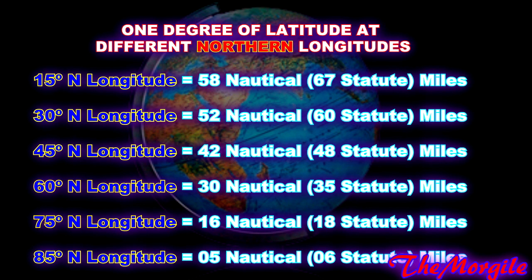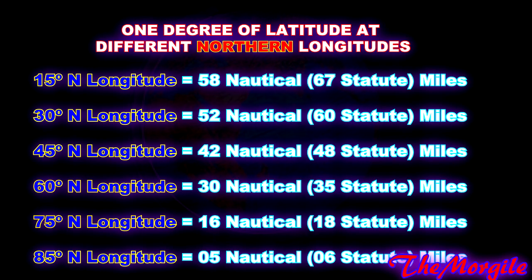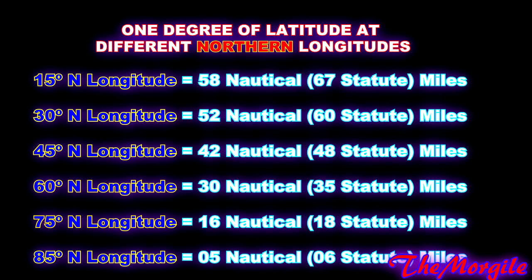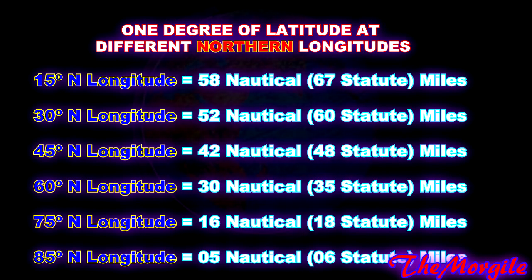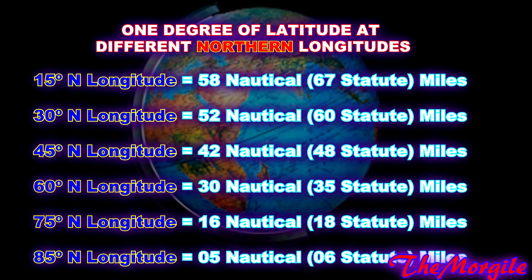Furthermore, at 30 degrees north, 1 degree of latitude is 52 nautical miles or about 60 statute miles. At 45 degrees north, it's 42 nautical miles per degree of latitude or 48 statute. 60 north is 30 nautical miles for 1 degree of latitude. 75 north is 16 nautical miles per 1 degree.